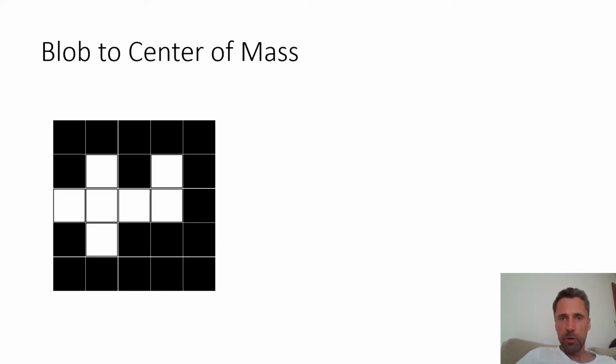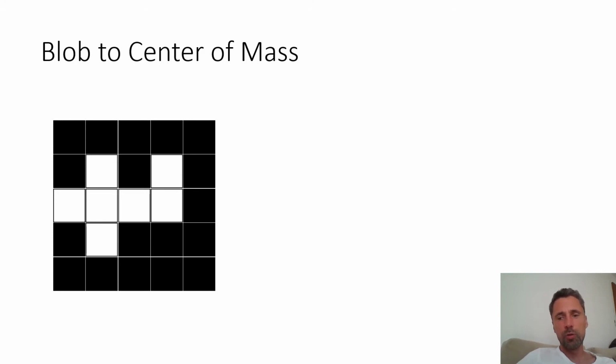Before we start discussing edge detection, I did not yet tell you how to actually obtain positions and bounding boxes in the last lecture. While I think this is pretty simple, I still think we should let you know.